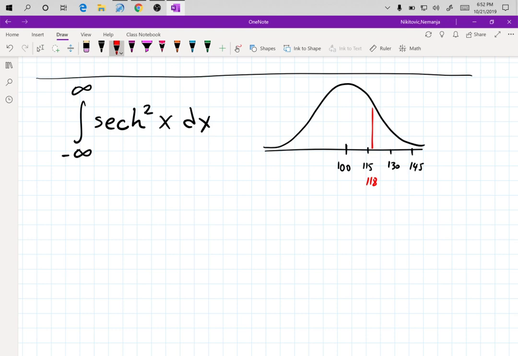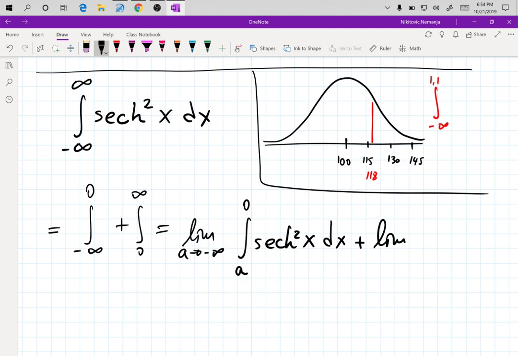So I have to have limit a goes to negative infinity, integral a to 0 of secant hyperbolic squared x dx, plus another limit b goes to positive infinity, integral 0 to b secant hyperbolic squared x dx.